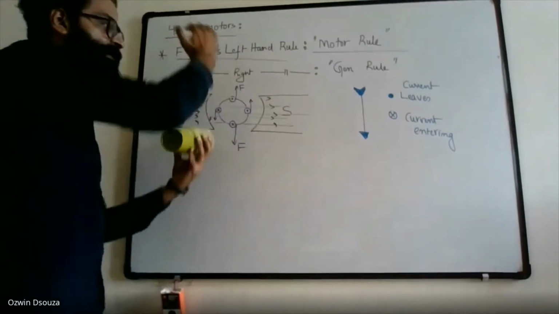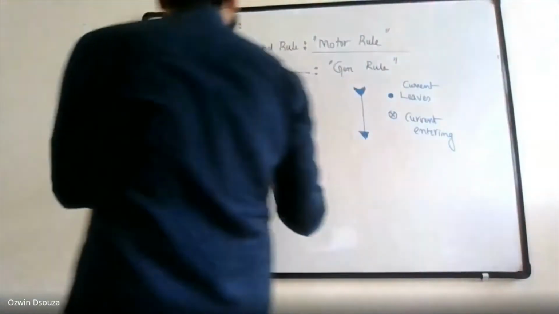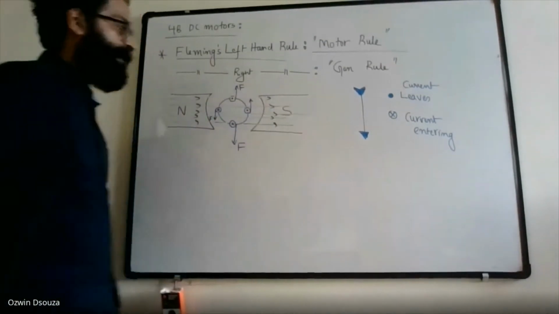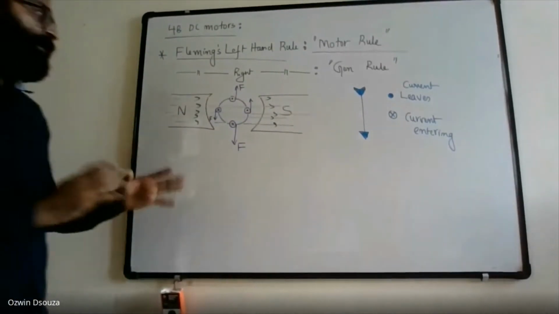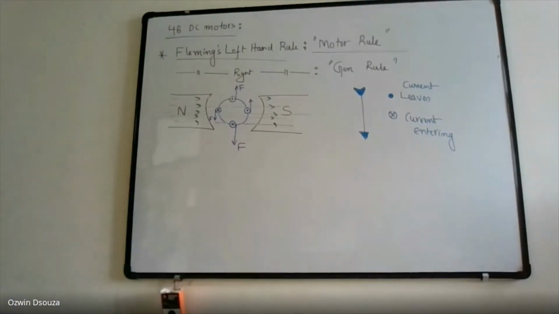So basically, you get a twisting moment, and that twisting moment is called the torque. All right. So this is the application of Fleming's left-hand rule in determining the direction of motion, which in turn gives the direction of rotation. All right. So that's about Fleming's left-hand rule.